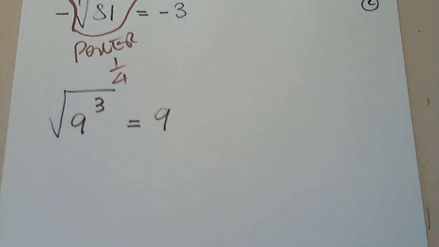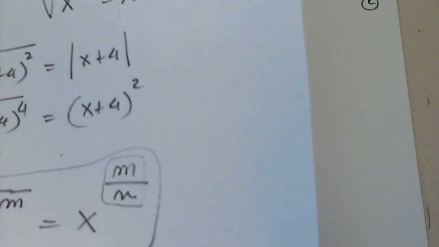Copy the base, and then the exponent is what is the exponent? It has to be a fraction because I started with a radical. We just refreshed our memory on the rule.